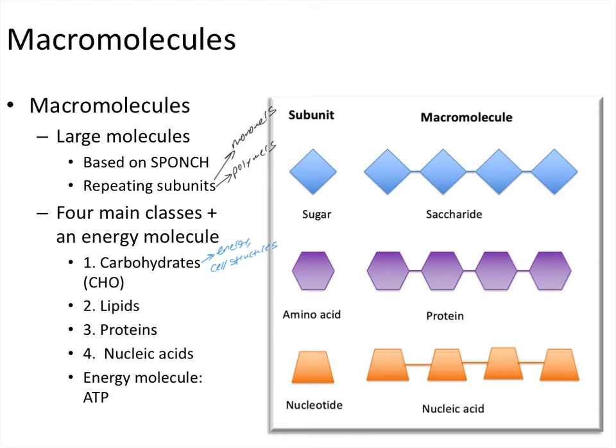They can be used as a source of energy storage, in cell structures, in signaling, in pigmentation, so giving color to something, and to help repel water. And there are several other roles that they can have.